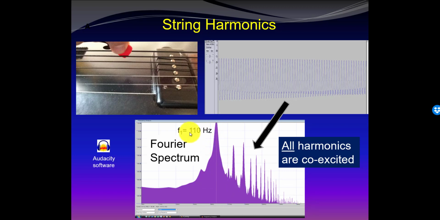So you can see the fundamental note is very loud and occurs at 110 Hertz as expected, but there are other peaks at 220, 330, etc., integer numbers that are also present, and these are called harmonics, and all of these waves coexist at the same time on the string when it is plucked and give rise to these kinks that we talked about.